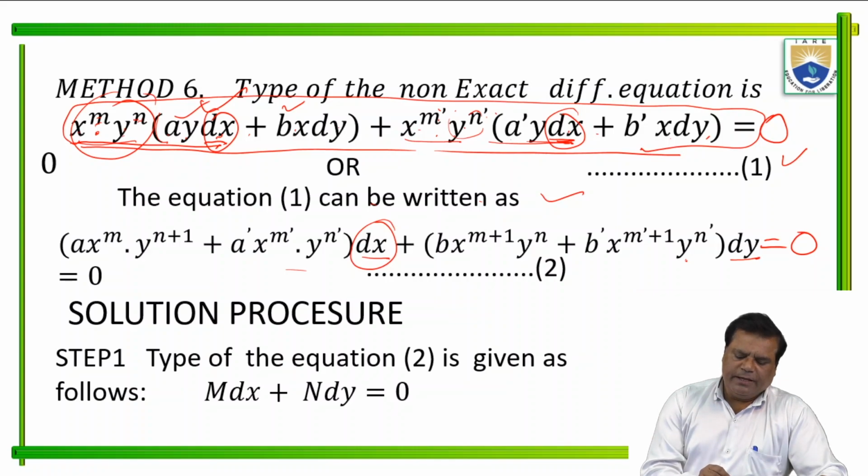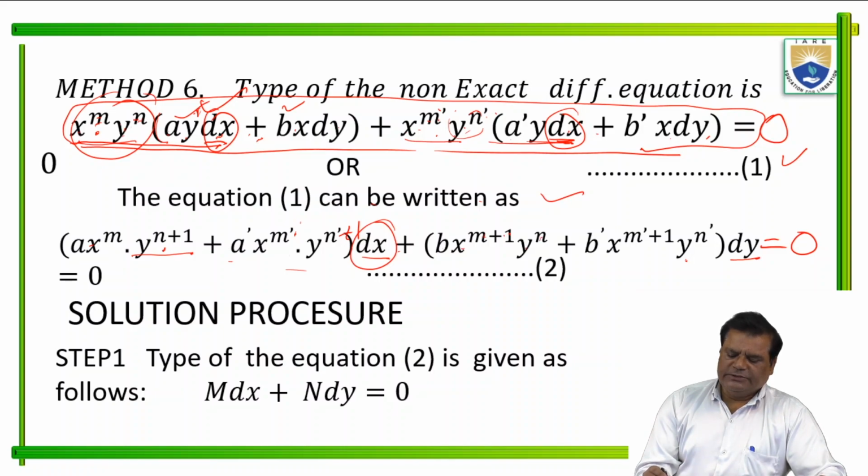So we get a x to the power m and y to the power n plus 1, since y to the power 1 is added, plus a dash x to the power m dash into y to the power n dash plus 1, into dx, plus similarly x to the power m plus 1 and y to the power n, plus x to the power m dash plus 1 and y to the power n dash, into dy. So this is the general form of the equation.